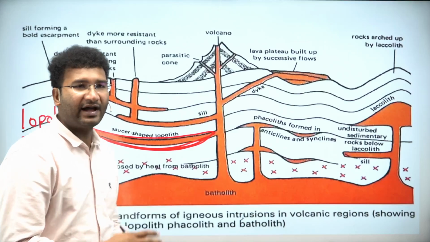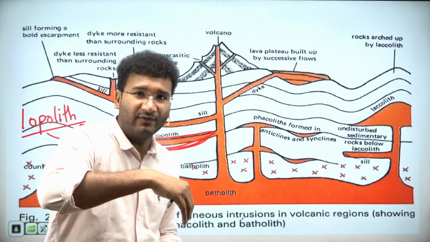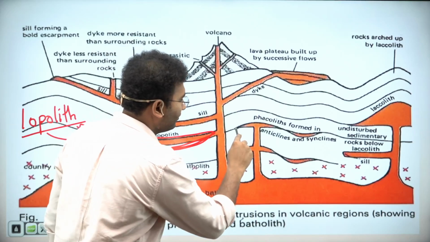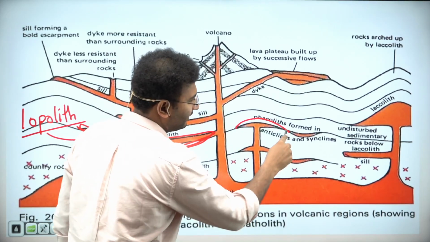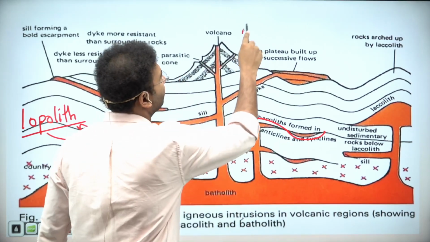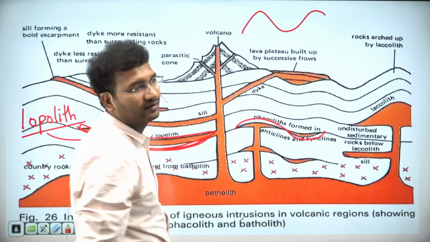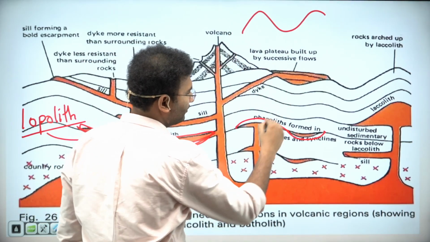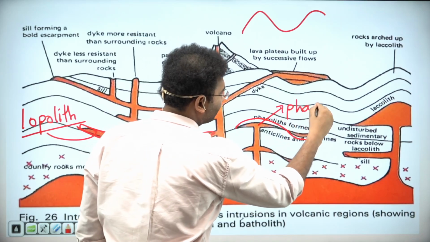Whereas if you have rocks cooling in the form of anticline and syncline, like a valley, look here, this is high and this is low. This is nothing but anticline, syncline.